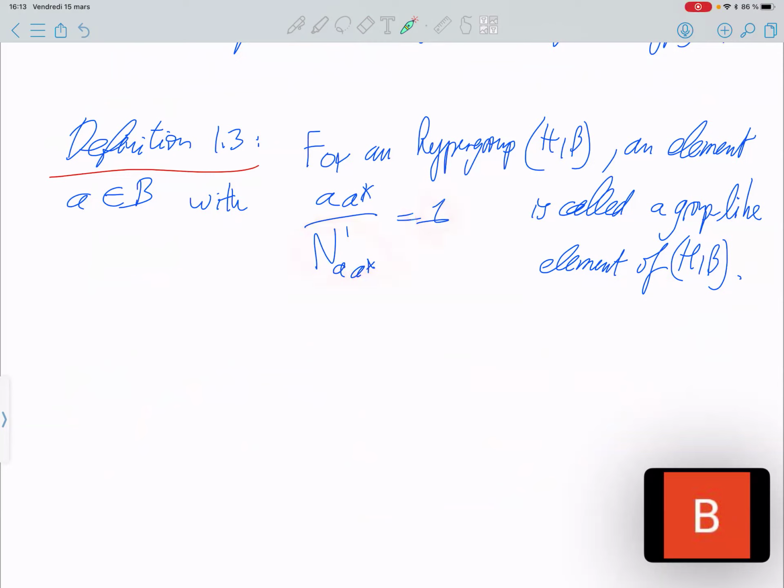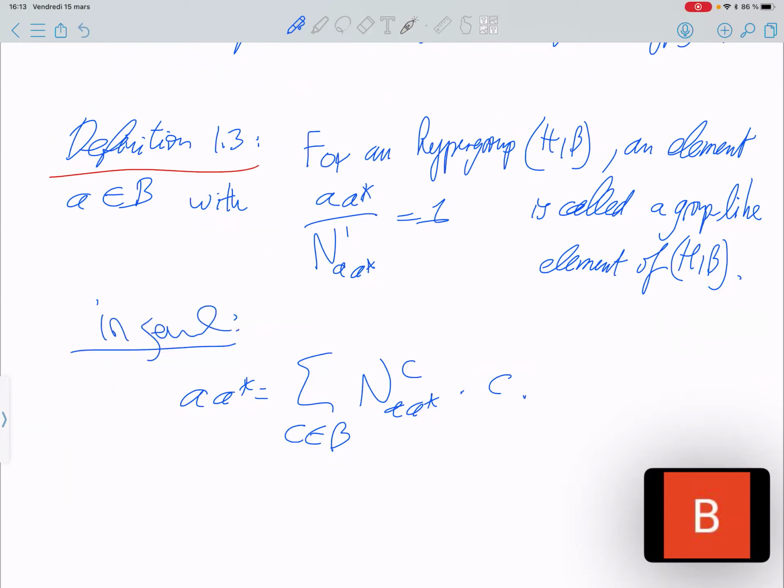So there are two properties. First, we want that coefficient to be 0 except when C equals 1, and that's all in fact.